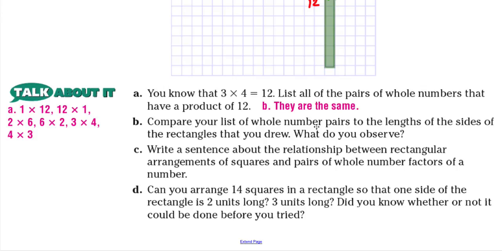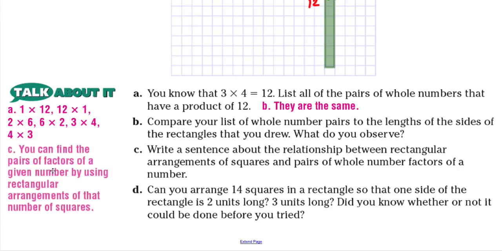So let's write a sentence about the relationship between rectangular arrangements of squares and pairs of whole number factors of a number. You can find the pairs of factors of a given number by using rectangular arrangements of that number of squares.